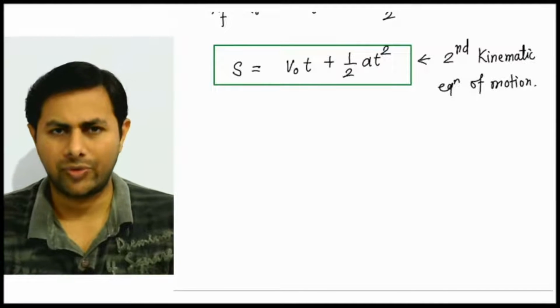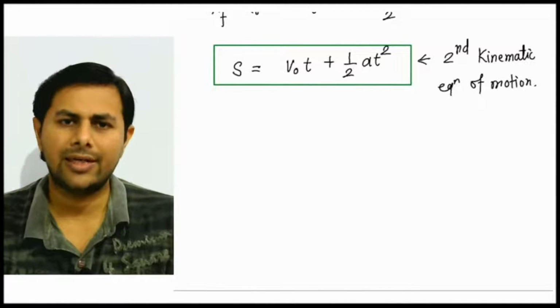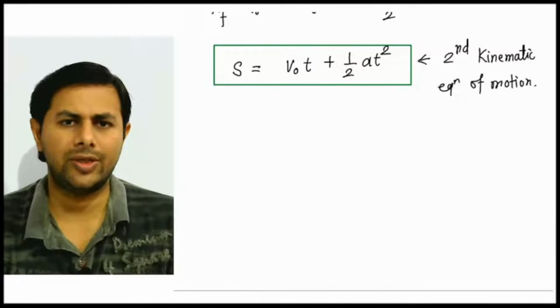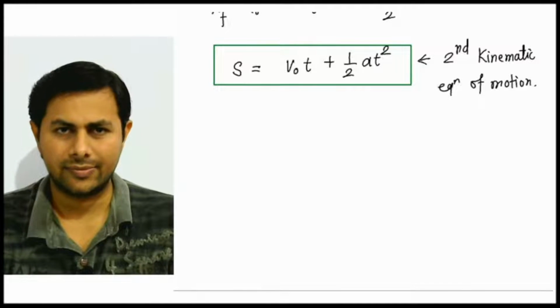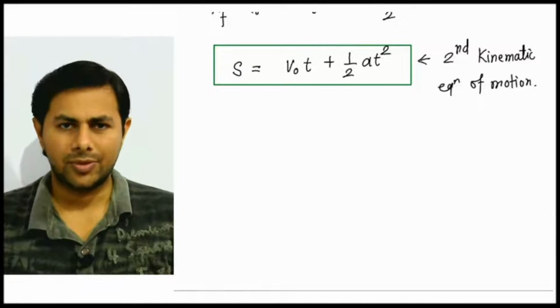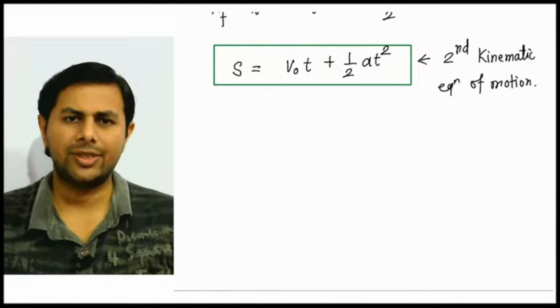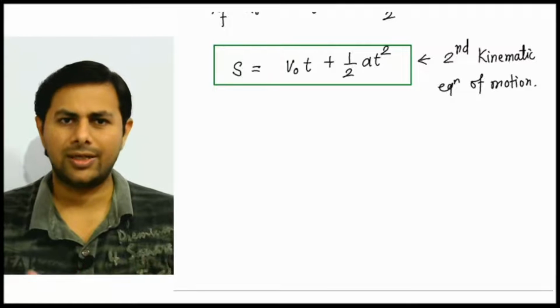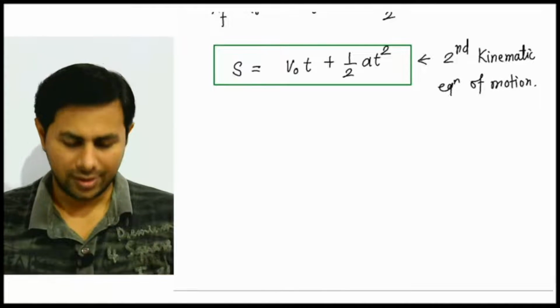We got first kinematic equation of motion. It is relation between velocity and time. The second kinematic equation is relation between the displacement and time. Okay. And now in third kinematic equation of motion, what we do is we establish a relation between velocity and the displacement.